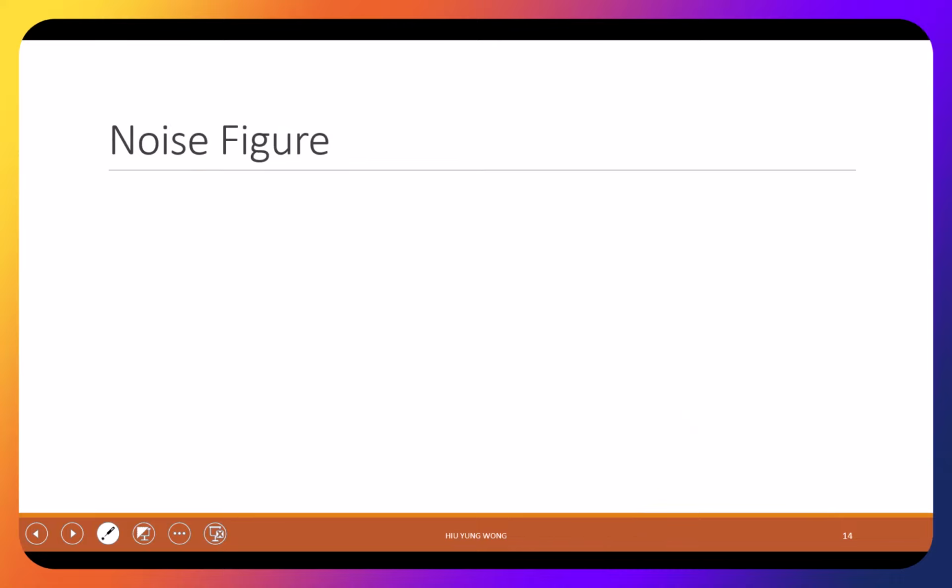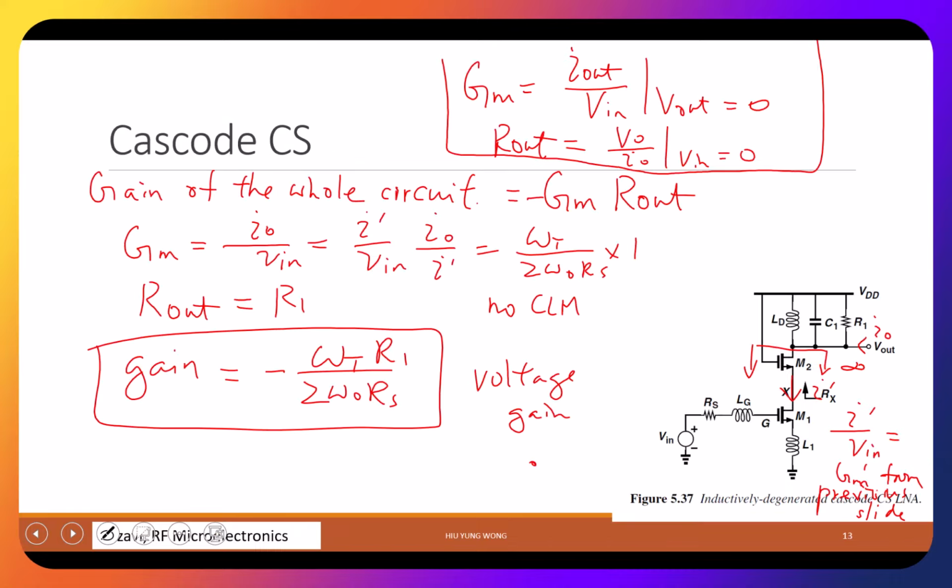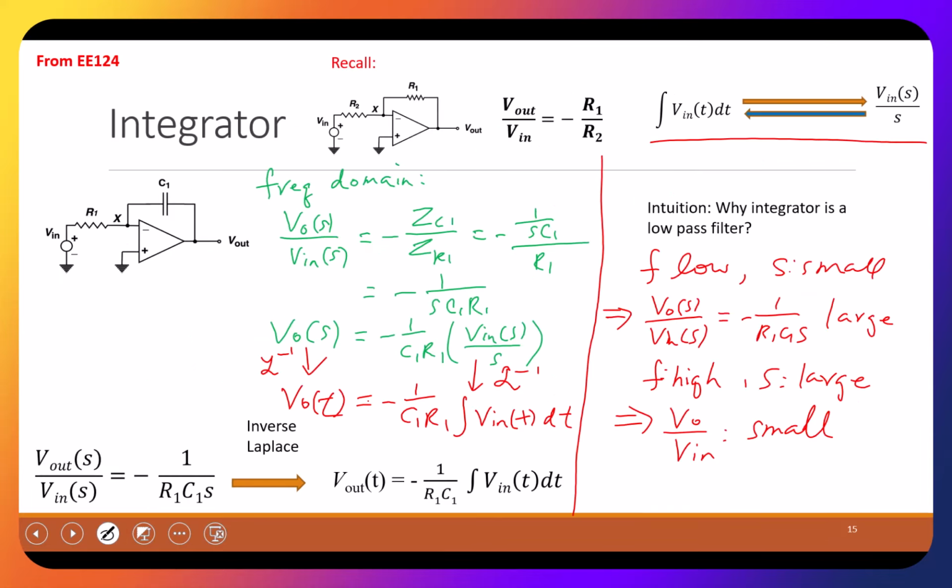Okay, so then how about the noise figure? The noise figure is that now I have one more source of noise, which is due to the R1. So the noise figure due to R1 is equal to 4kTR1.